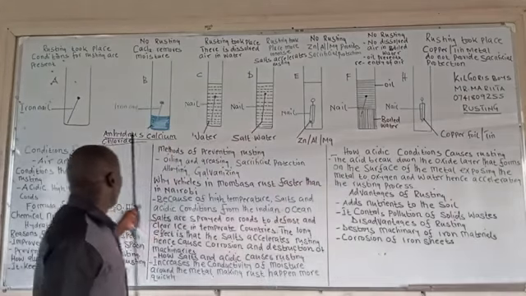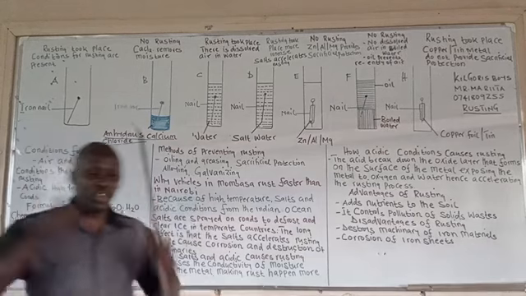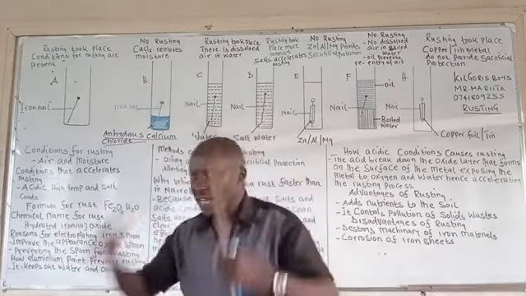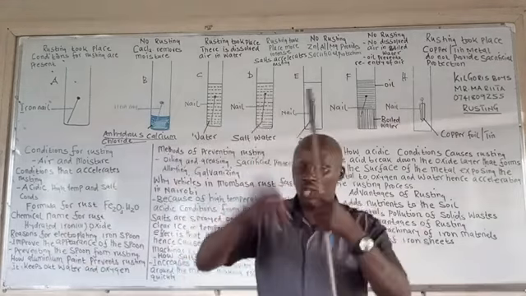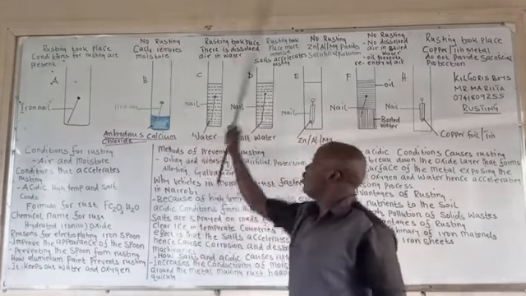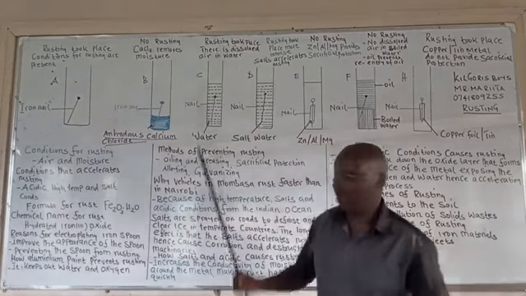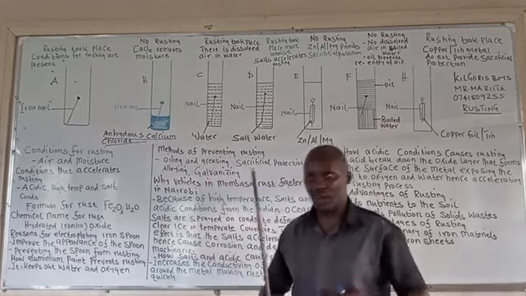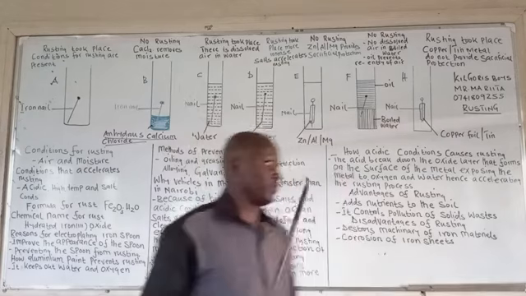Here, we know the conditions for rusting are just air and moisture. So the anhydrous calcium chloride removes the moisture, a condition required for rusting.